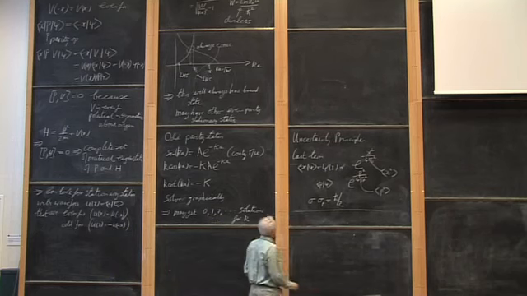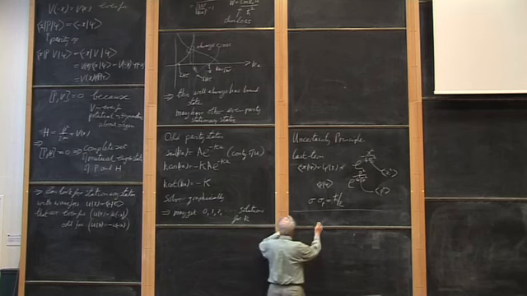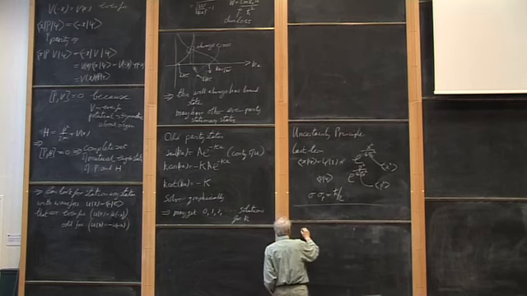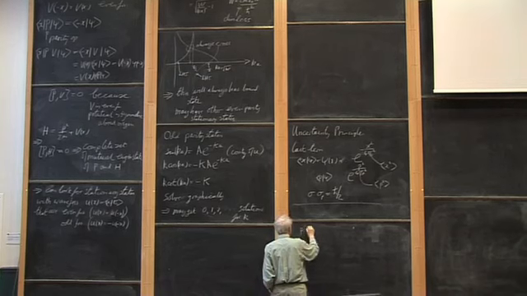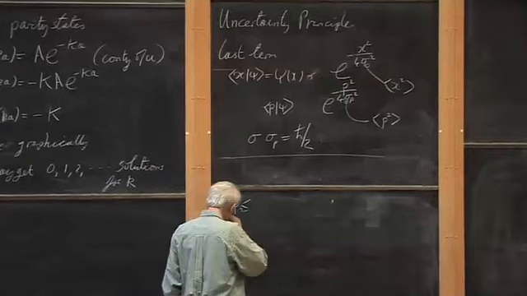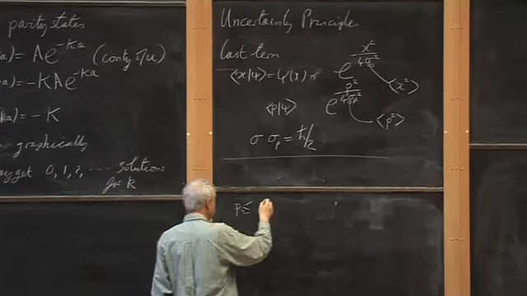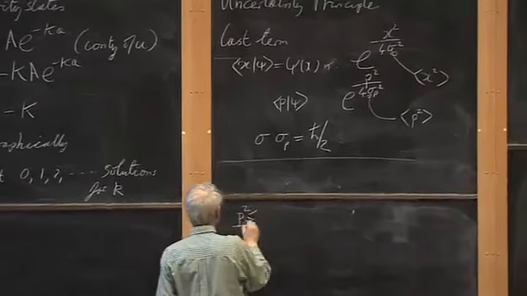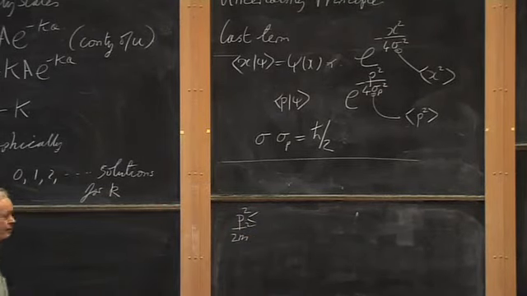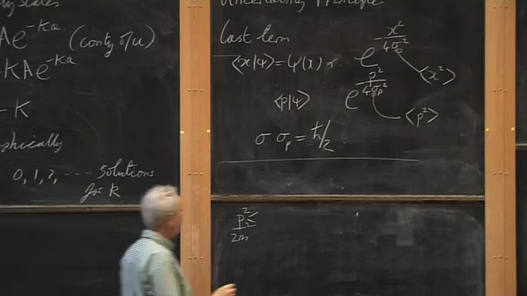What you might argue to yourself, you might say, okay, so what we can say is that p squared over 2m, the energy, is less than V0, right? Because it's bound.